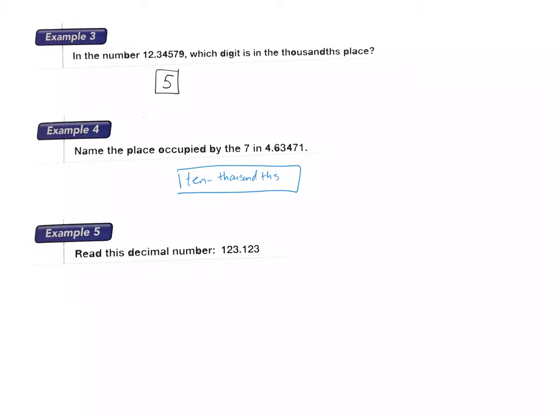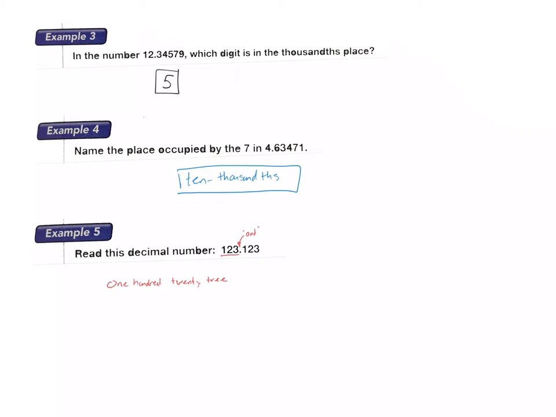And then example 5 says, read this decimal number. Now let's remember, or let's learn, whichever the case may be, that whenever we get to the decimal place is where we say the word and. So decimal place is and. And we already know how to read this one over here. This is 123.